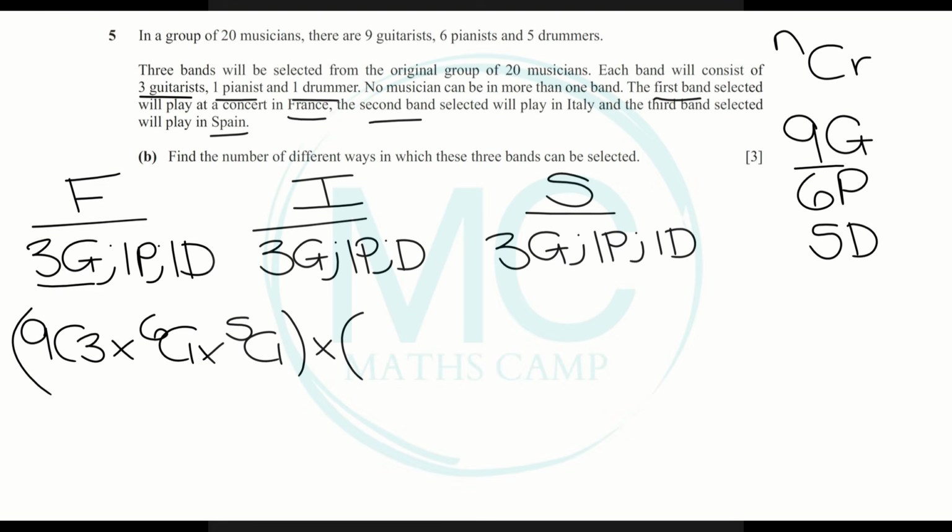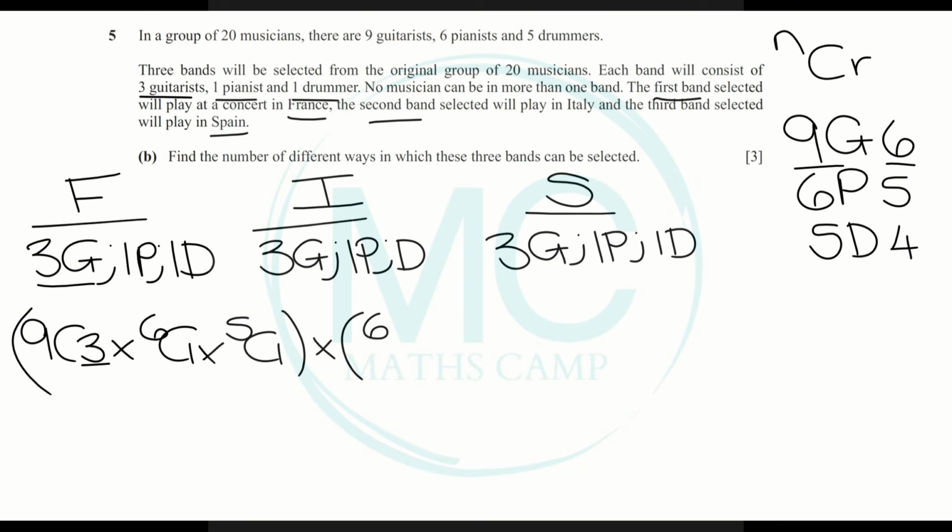For the band in France, we've already chosen 3 guitarists, which means now we are left with 6. We have chosen a pianist, which means we have 5 left, and we've chosen a drummer, which means we're left with 4. So to find 3 guitarists for Italy, we have a total of 6 to choose from.